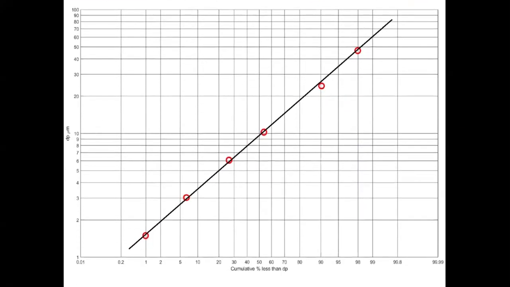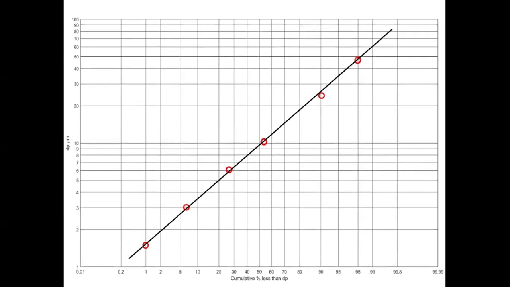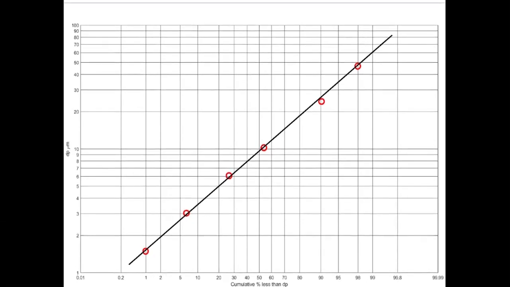For the log normal size distribution, we know that at 50% of this cumulative fraction, that corresponds to the geometric mean of the particle size, right? So if we want to ask what is the DPG or geometric mean size of the particles, it's probably around 9.8 micrometer, right?